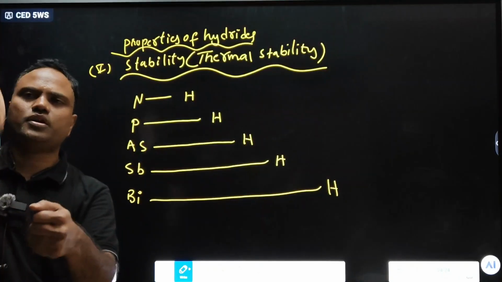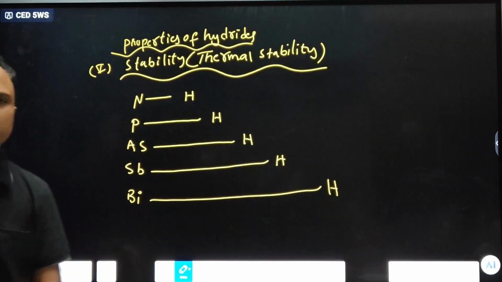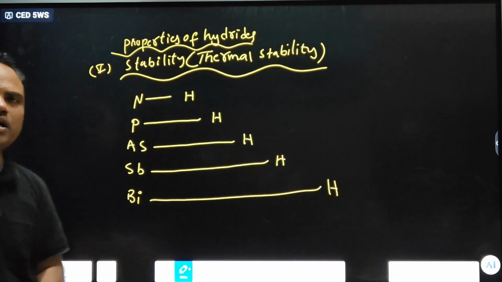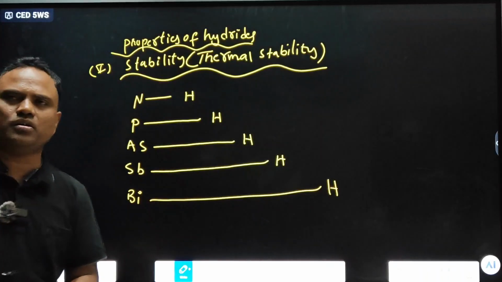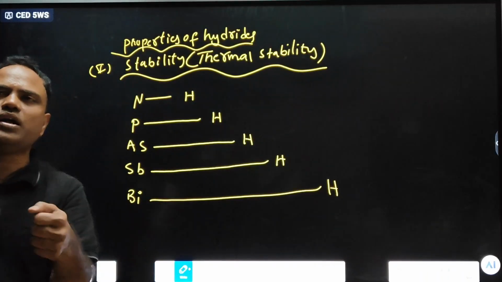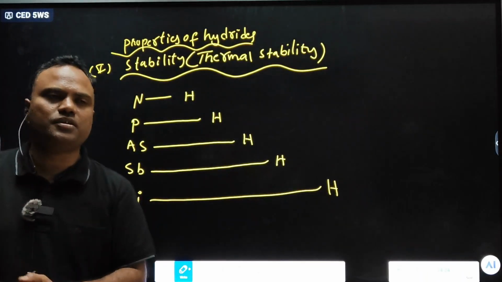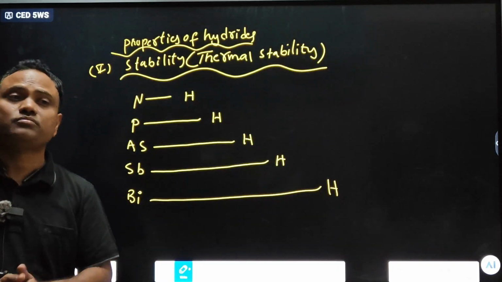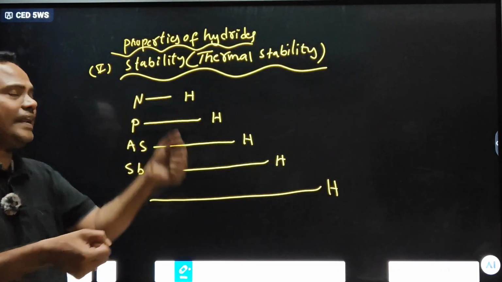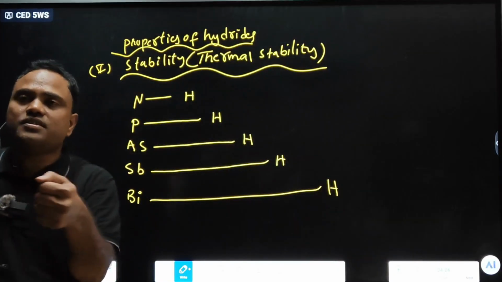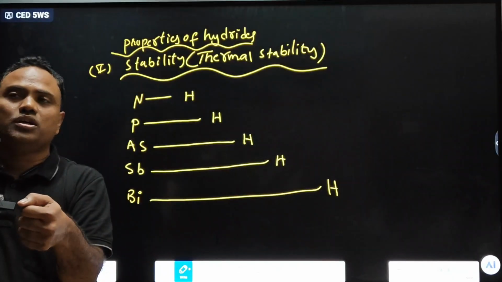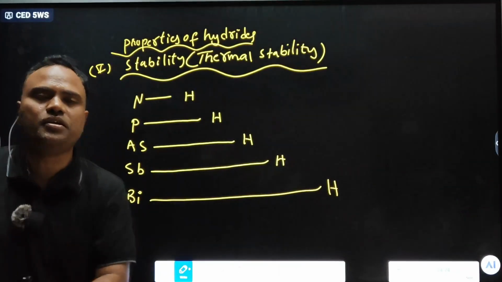Amount of energy required to break the bond is called as bond energy. Which is having more bond energy, NH bond or PH bond? Which bond we cannot break easily? NH. Why? Because between N and H distance is less. If distance is less, attraction force is more. If attraction force is more, then you cannot break easily.